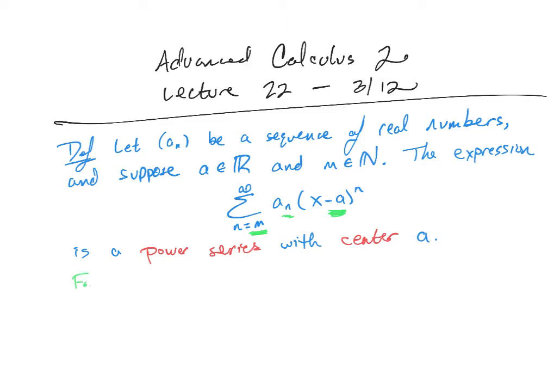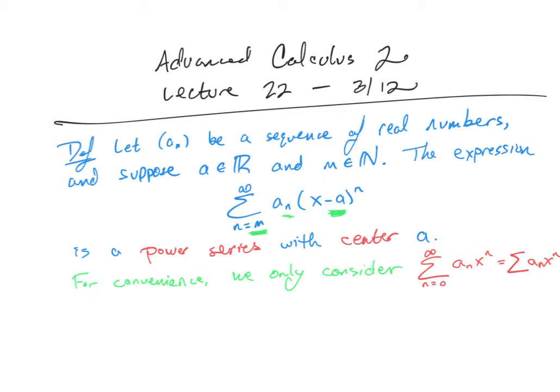So for convenience, we will only consider these guys: the sum from n equals 0 to infinity of a_n x^n, and I will just write that as a summation sign and then a_n x^n without saying any indices.